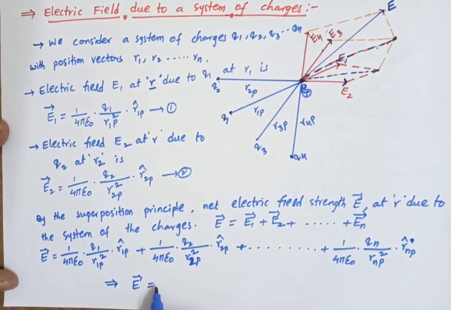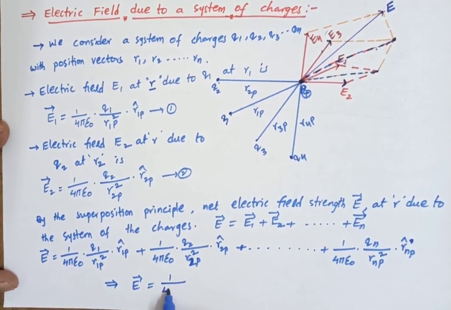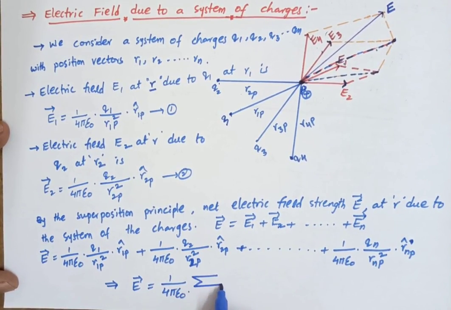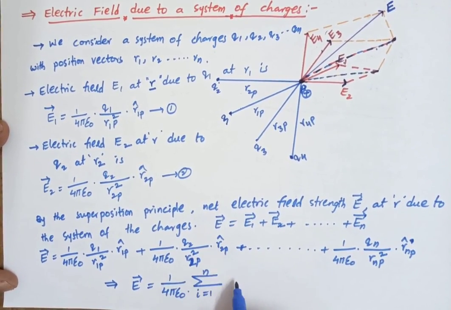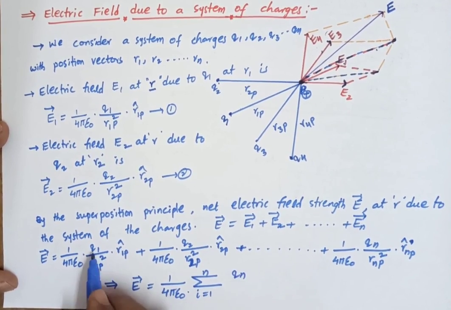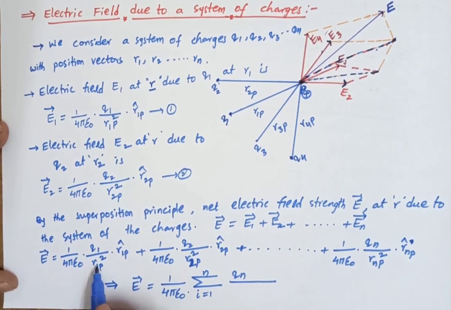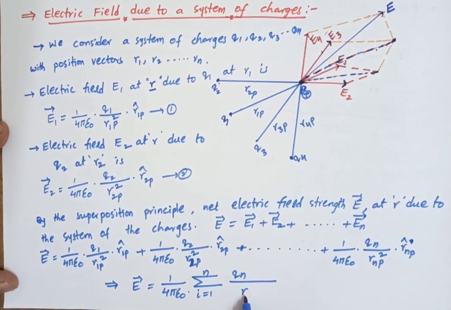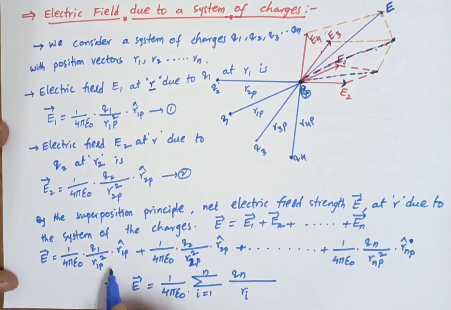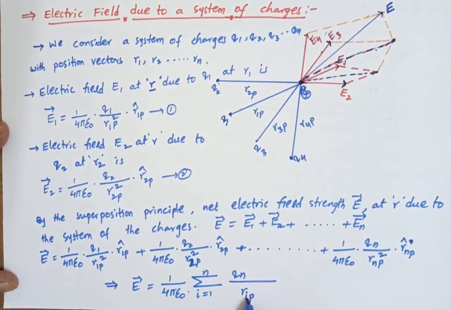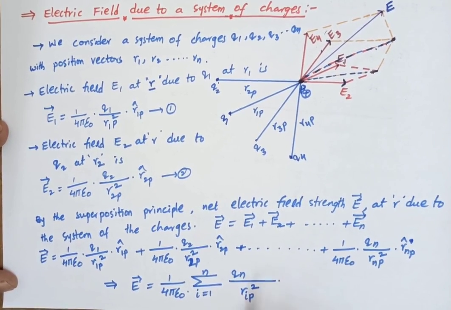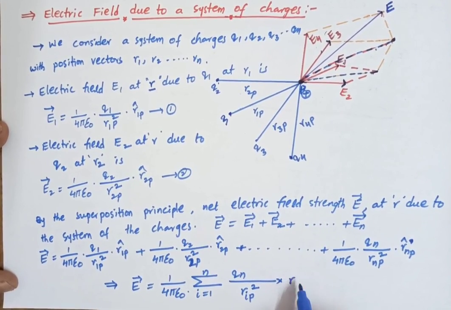So E bar equals 1 by 4 pi epsilon naught is common, sigma i equals 1 to n, Q1, Q2, Q3, Qn by R iP square into RiP cap.